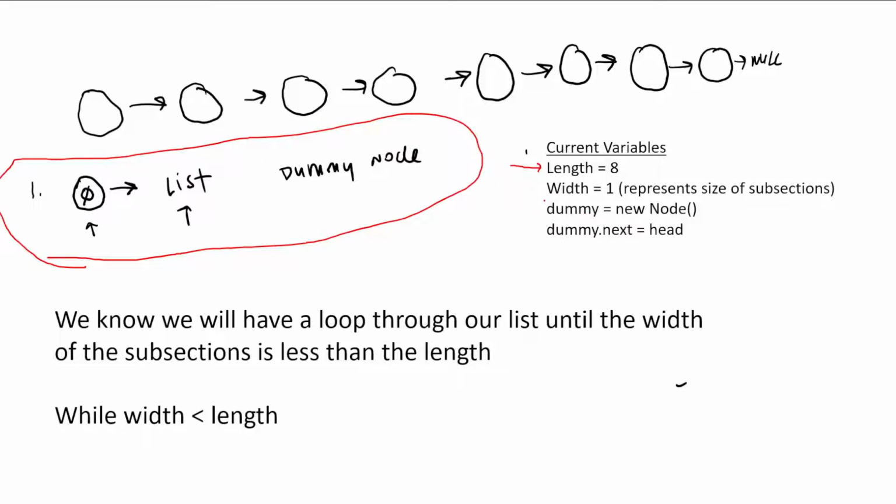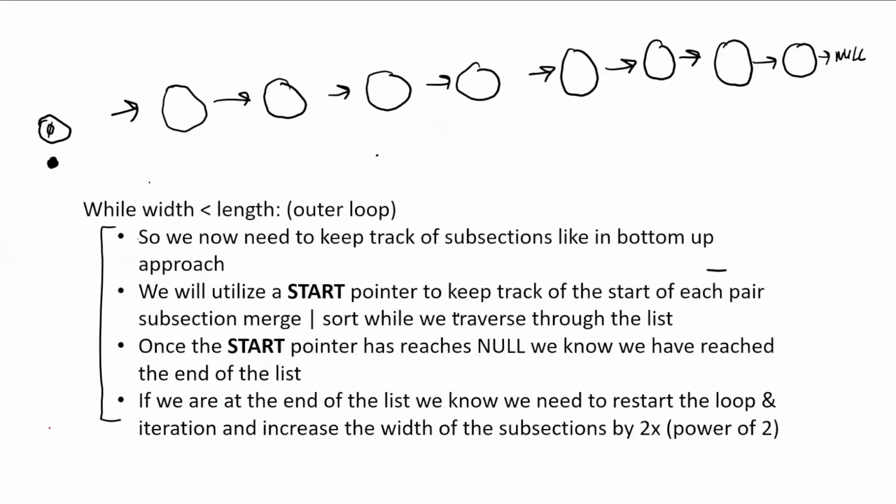And this is what we have created when we created that dummy node. That's going to be before our list. We know that we have this loop that goes through our list until the width of the subsections is no longer less than the length. So we really need to have this while loop be the first outer loop of this bottom-up approach.